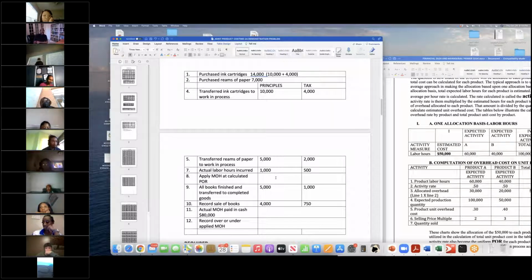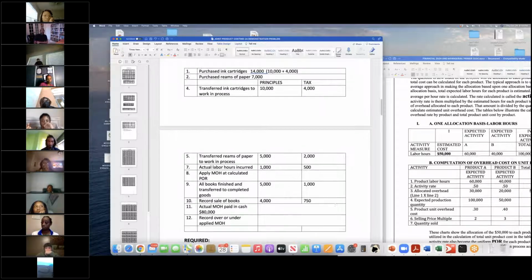We're assuming all the books are finished and transferred to completed goods, so you're transferring all the costs. But you're only selling 4,000 principal books and 750 of the tax books. Then we record the actual manufacturing overhead paid in cash and the over or under.